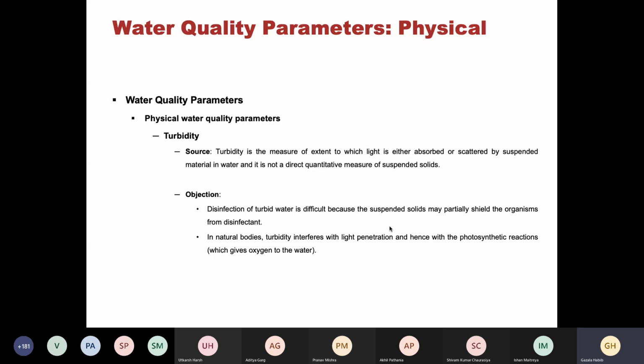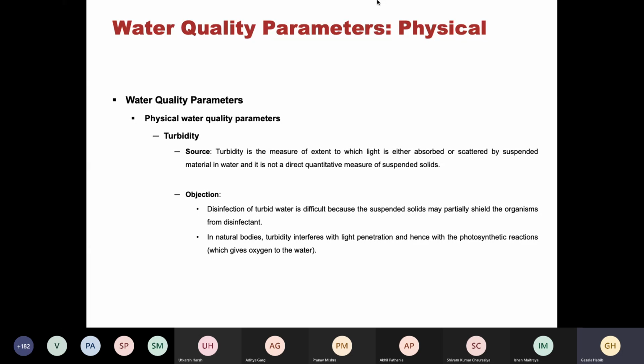Even if a large particle is present, that can also be measured in terms of turbidity. I'm not saying that large particles cannot be measured, but turbidity, when it is associated with water, we think colloidal particles impart more turbidity in water. So this light scattering or absorption method is a very common method to calculate the turbidity.